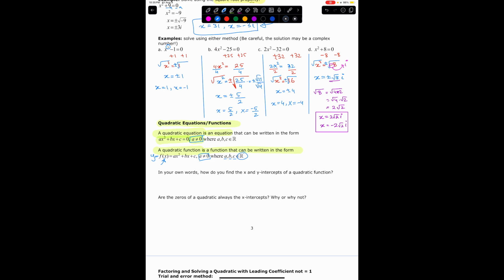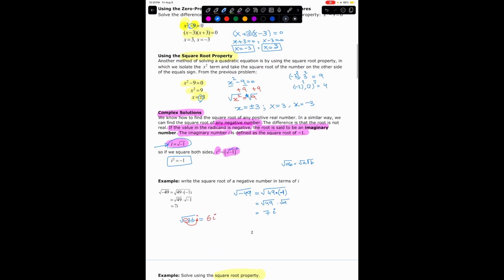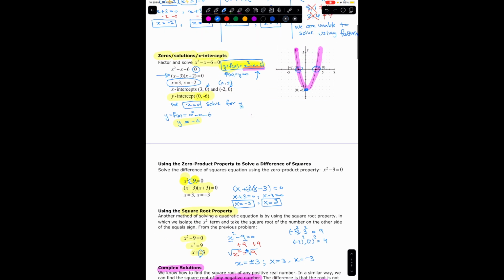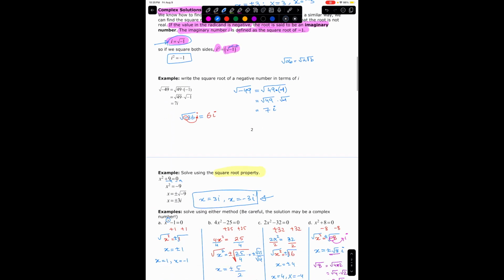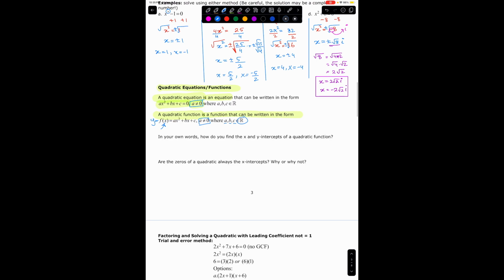In your own words, how do you find the x and y intercepts of a quadratic function? So I kind of discussed that on page number 1, how to find the x-intercepts and the y-intercept. So I'm just going to write it in my own words.